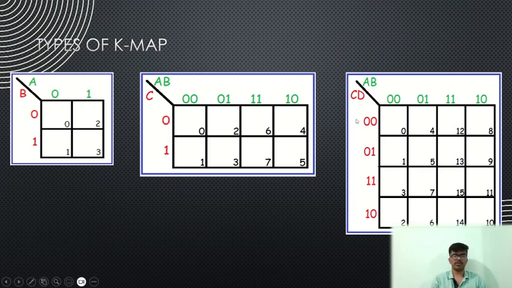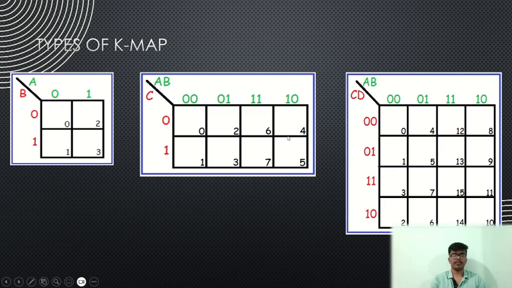Here, these are the representations of the K-maps. The first one is a 2 variable K-map which consists of A, B, 0, 1 and 0, 1. They are used for the representation of rows and columns.